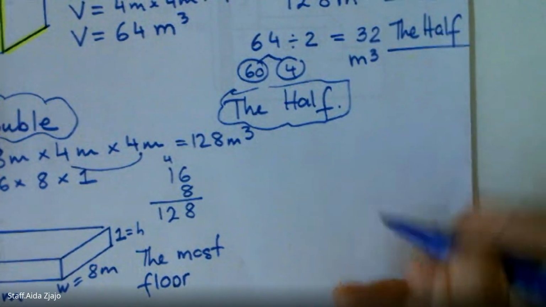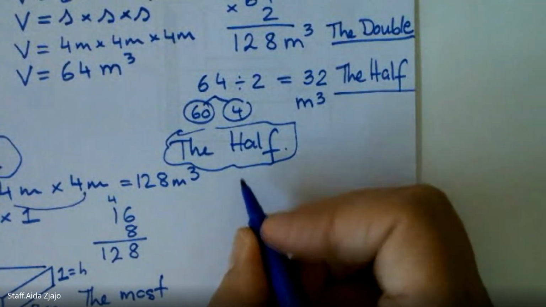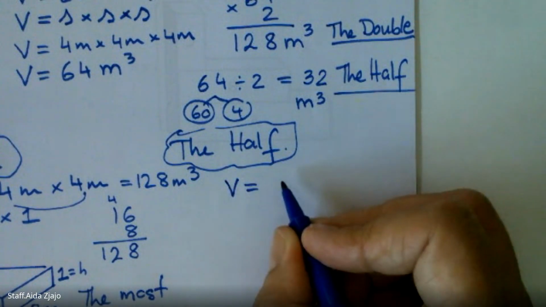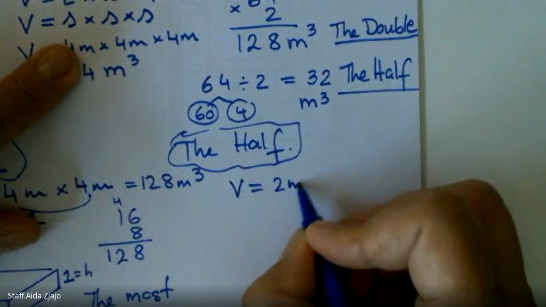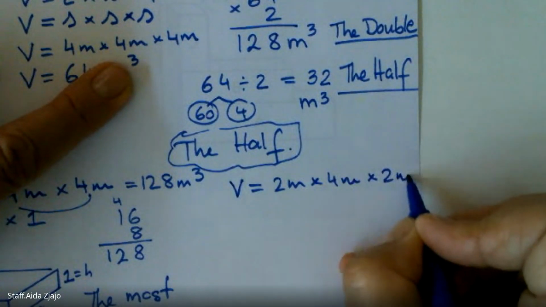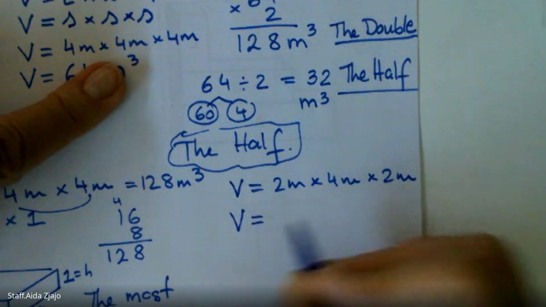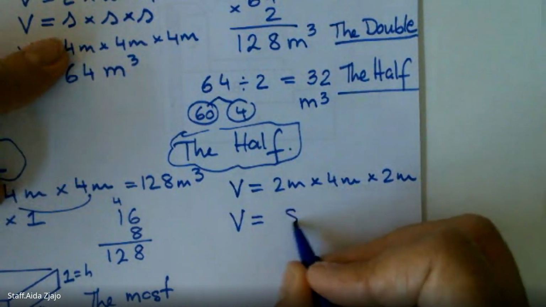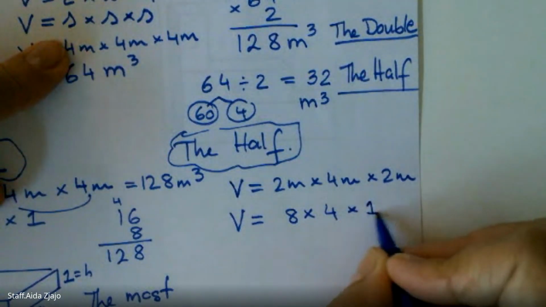So the first one was the volume, and we divide by 2, so 2 meters times 4 meters times 2 meters, which gives 32. The next volume could be, if we multiply 8 by 4, that's 32, and by 1.